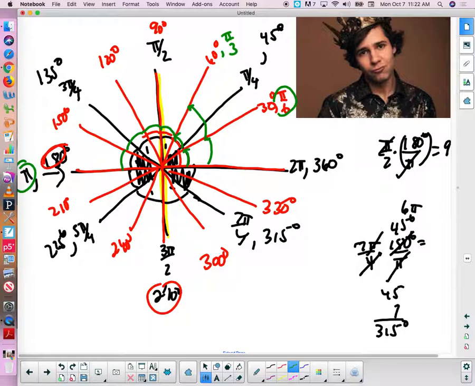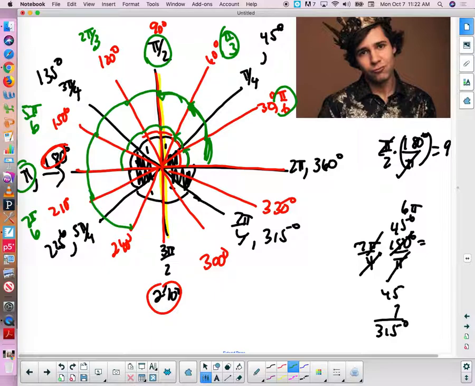Okay. So next is where am I? Oh, this is pi over 6. 2 pi over 6. Is this 3 pi over 6? So that works, right? 3 pi over 6. What are you going to write for 4 pi over 6? 5 pi over 6? 6 pi over 6? 7 pi over 6? 8 pi over 6?